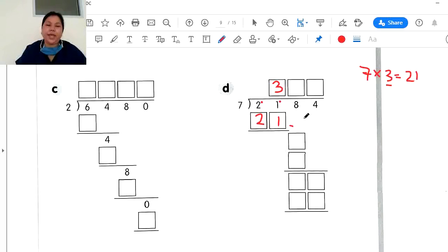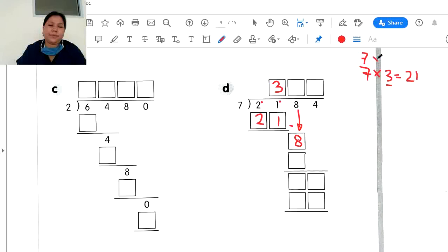Okay? And after that, only 1 digit should be divided next. Do not put all the rest of the digits. Yeah, only 1. Now we put 8 here, then we divide. 8 divided by 7.